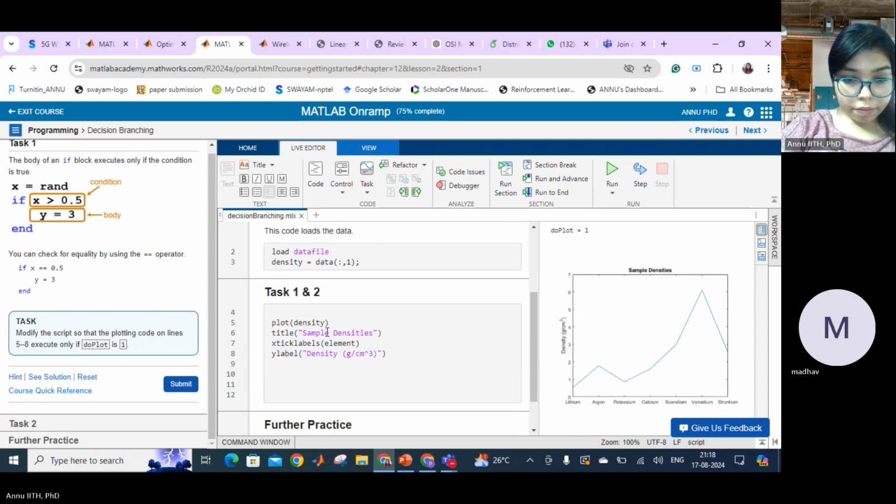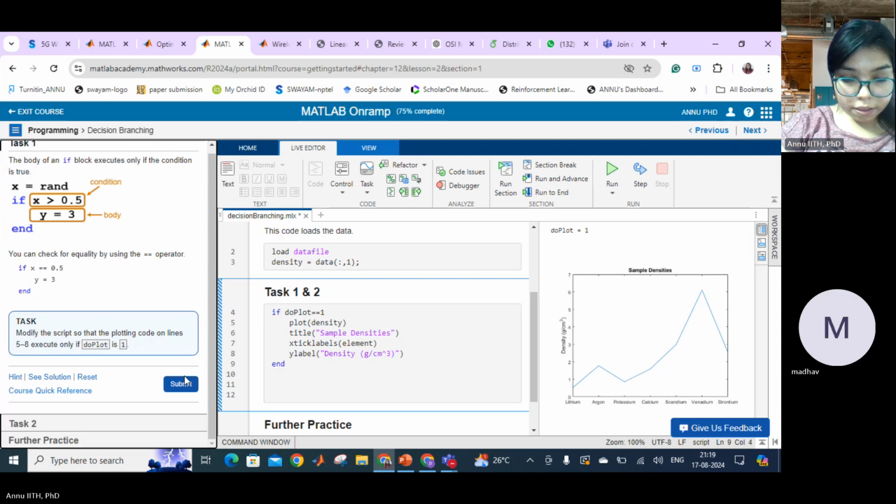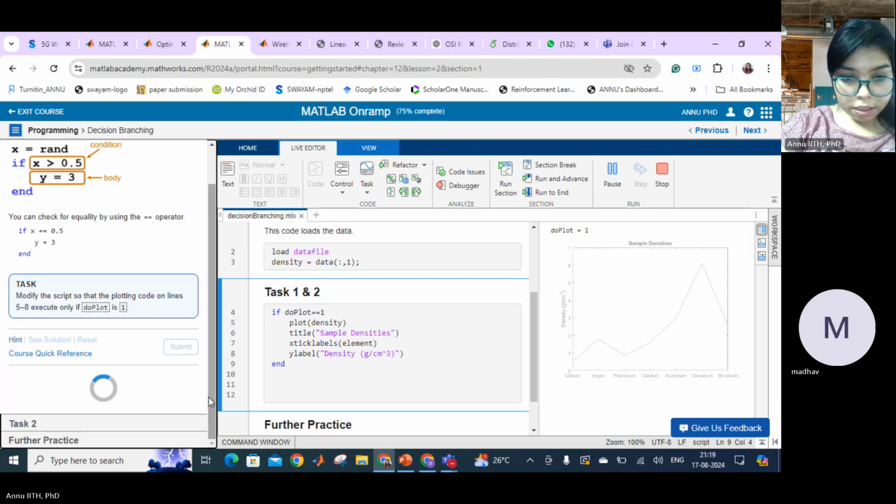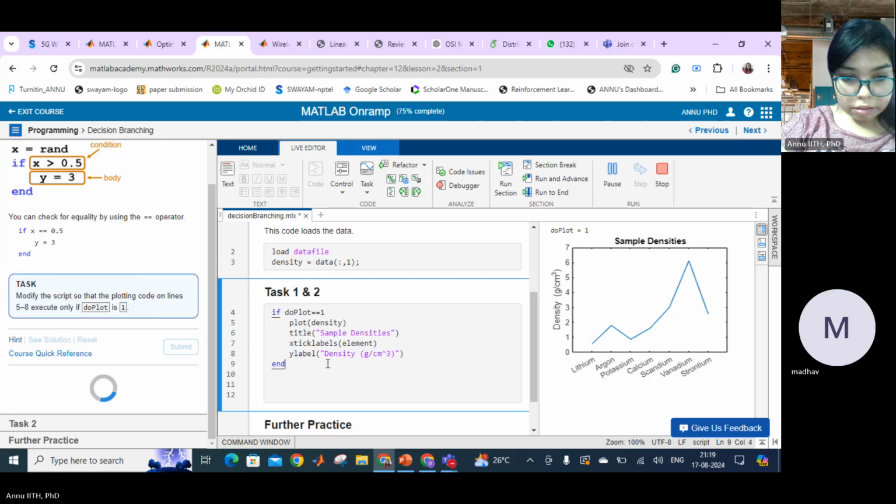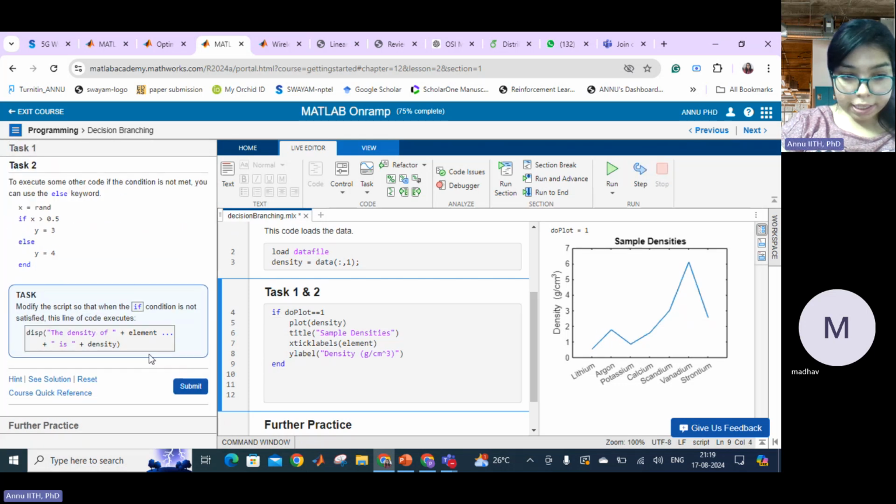So if doPlot equal to 1, then end. Correct only, we can see like this.